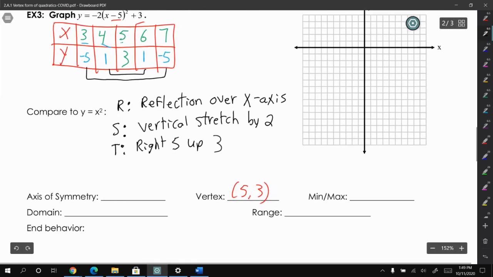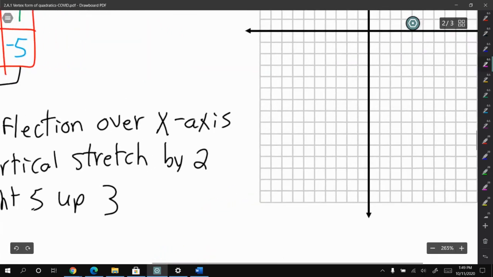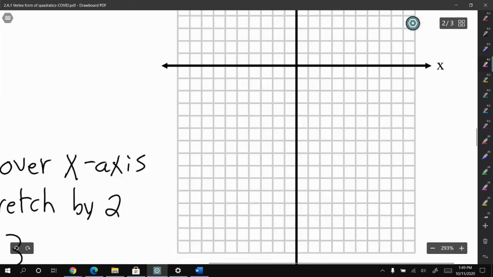So now let's graph these points. We have 5, 3, 6, 1, 4, 1, 3, -5, 7, -5.